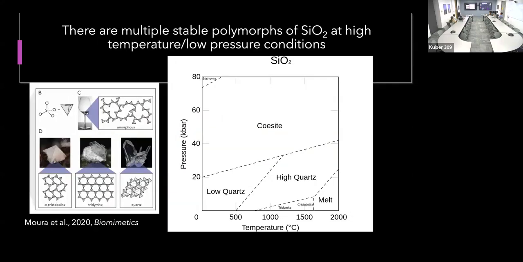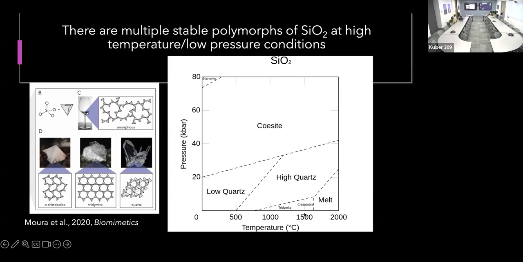And so that's when you bring in the idea of different crystalline forms of silicon dioxide, or really any material, as a function of temperature and pressure. And so there are actually multiple stable polymorphs of silicon dioxide at high temperature and low pressures. And so this is sort of a geologist plot. So it's pressure in kilobar, which is very alien to me, who thinks in millibars and microbars.